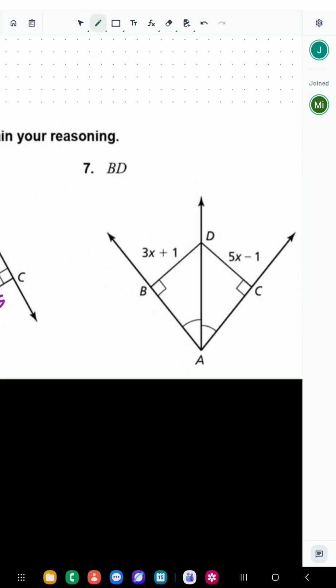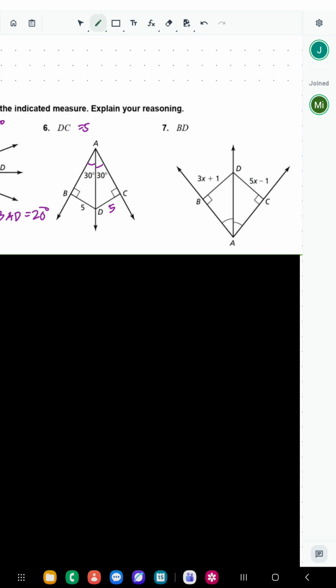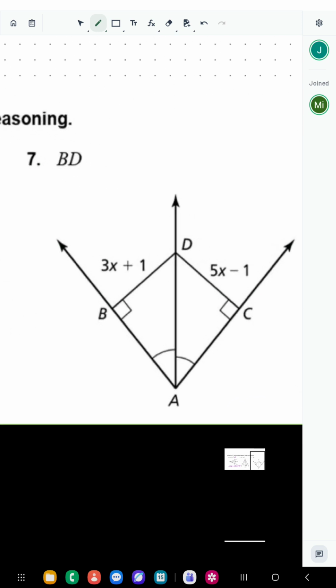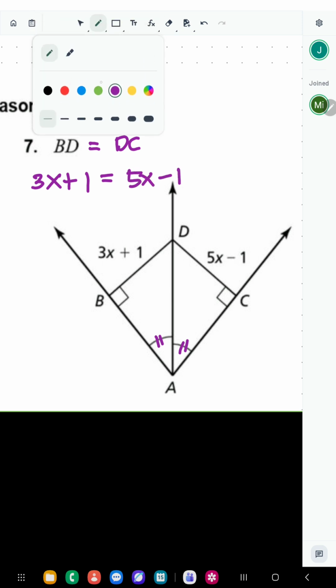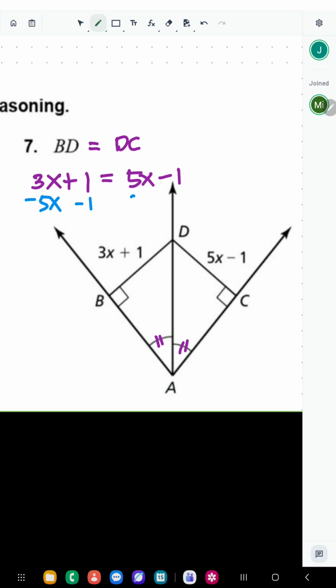And then the next one, okay, this one is angle bisector theorem. We can apply the angle bisector theorem here. So we find BD. We're given here that these two angles are congruent. So that means BD is equal to DC. But BD is equal to 3x plus 1 and DC is equal to 5x minus 1. We need to solve for x first. So we subtract 5x and 1 from both sides.